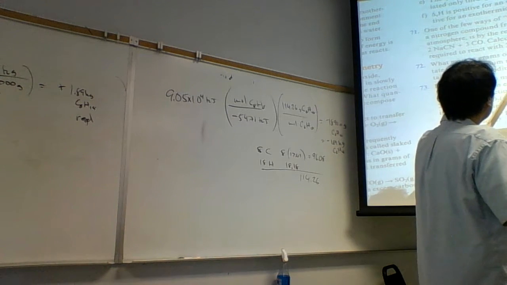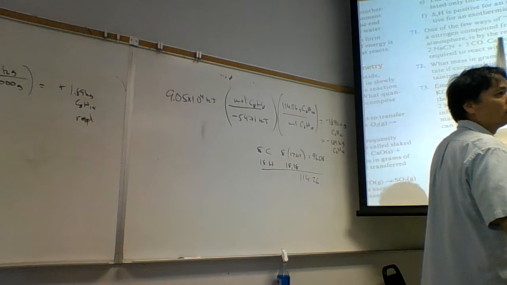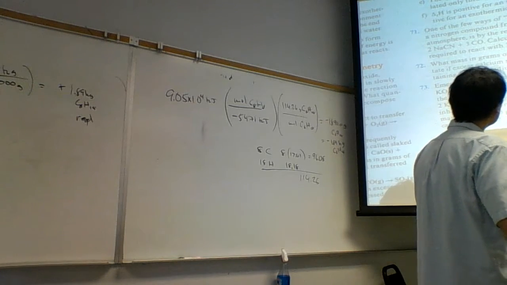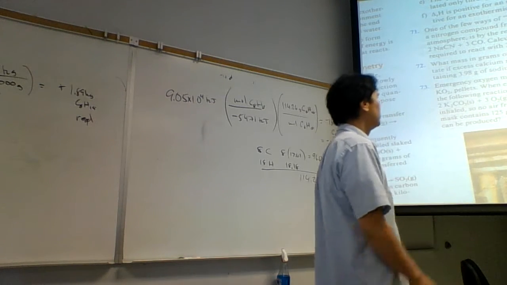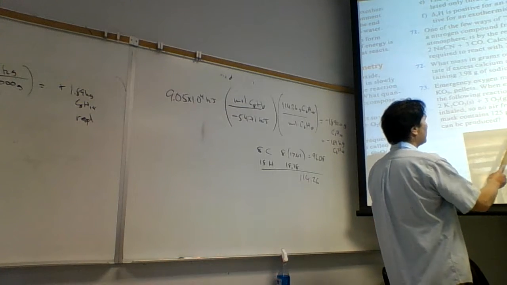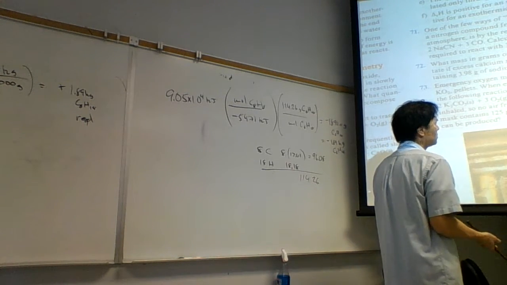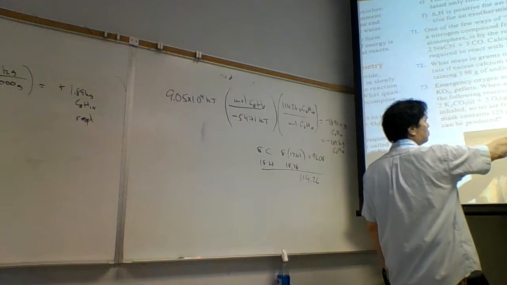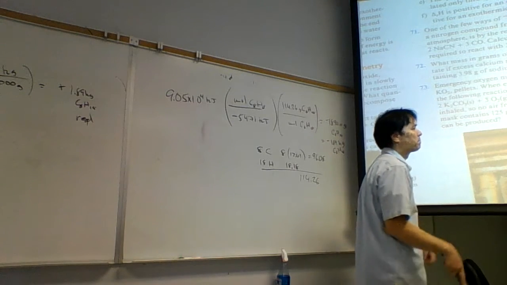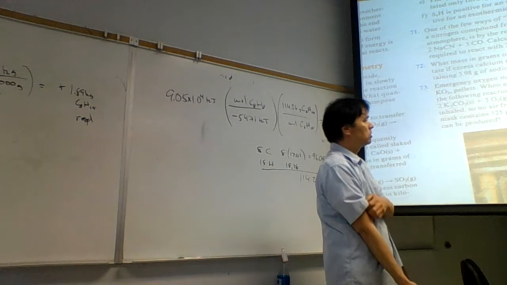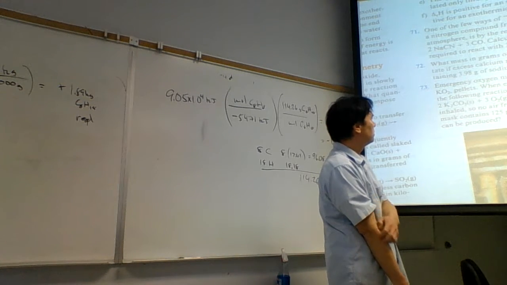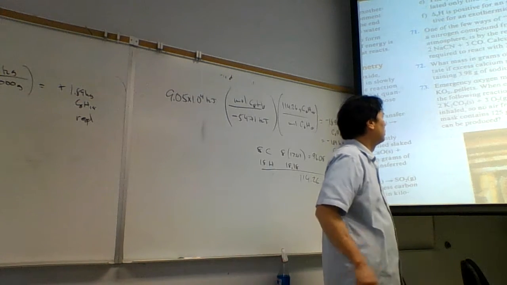It's an interesting reaction. This is a redox reaction, by the way. How about this reaction? Emergency oxygen masks contain potassium superoxide. Superoxide is not one I asked you to memorize. Superoxide is O2 with a -1 charge. O2 with a -2 charge is called peroxide. It's a little different than peroxide.